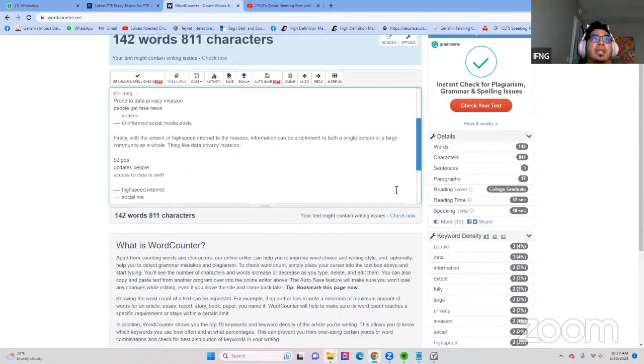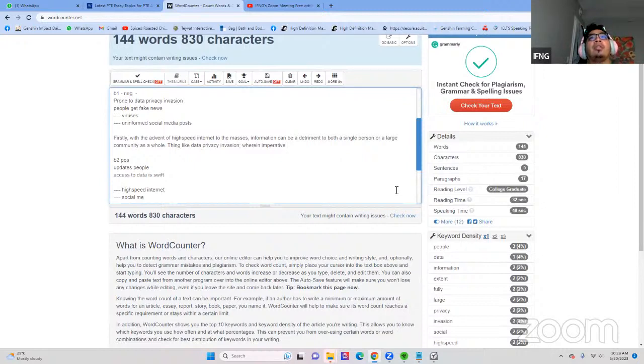Things like data privacy invasion can be wherein important data, we're in imperative, kasi gagamitin natin yung important later. I'm saving certain words for later.